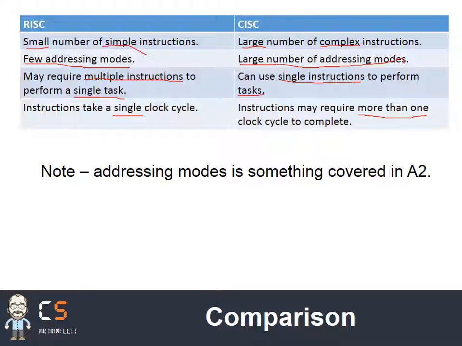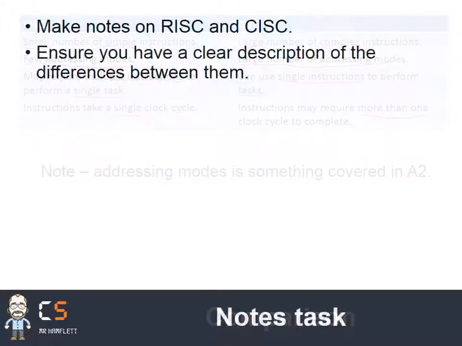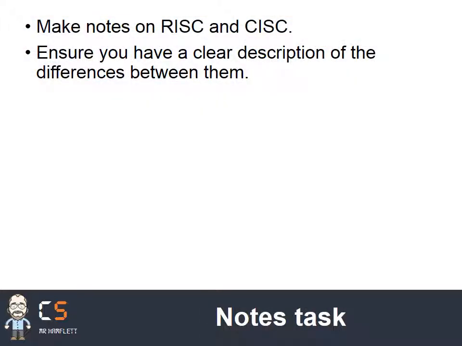RISC, on the other hand, has a few which are a kind of catch-all, which will do everything you need to do. But again, I might need more instructions to do something that maybe could be done in one instruction in CISC. So time to pause and make notes on RISC and CISC. It's really important to understand what they are and the differences between the two.